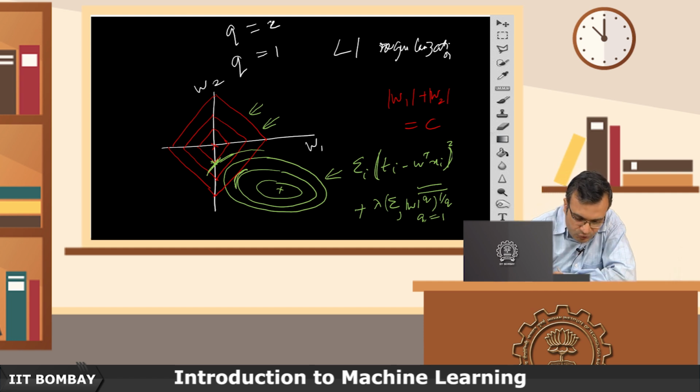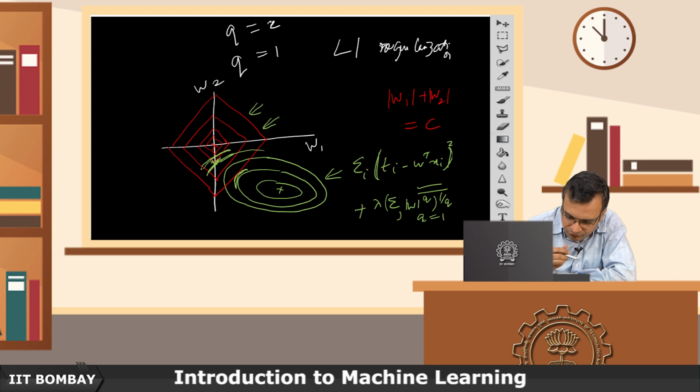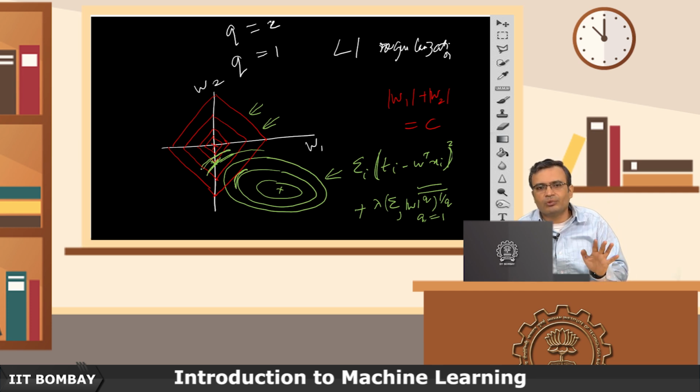Once we have these squares, we have the situation where for a certain size of the square, the tangential curve from the error minimization will graze the corner, and because of that one of the W's is going to be 0.